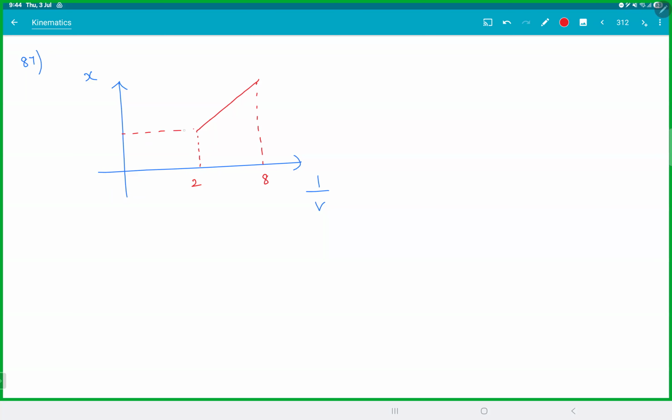This point is 3. This point is 15. This is the graph. Find the time taken to go from x is equal to 3 to x is equal to 15. Remember, x is on the y-axis here.